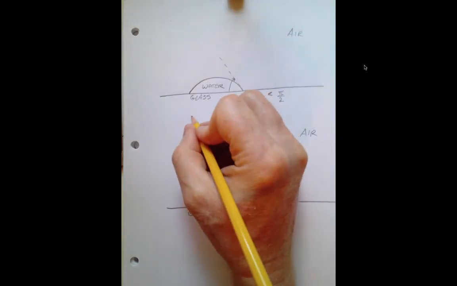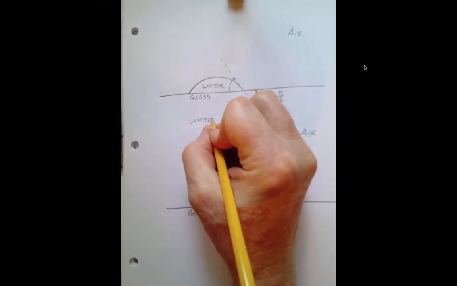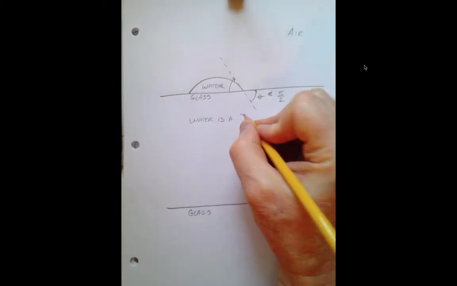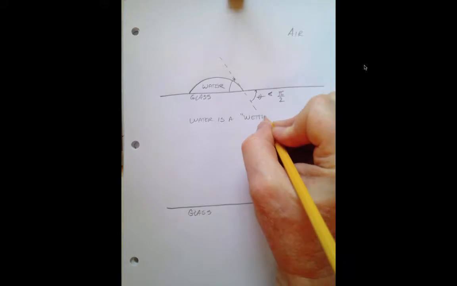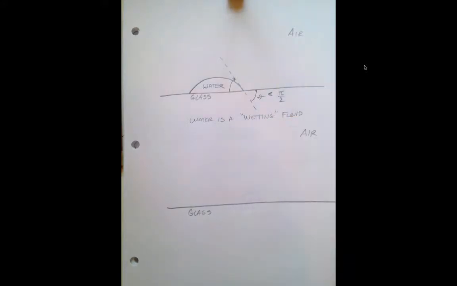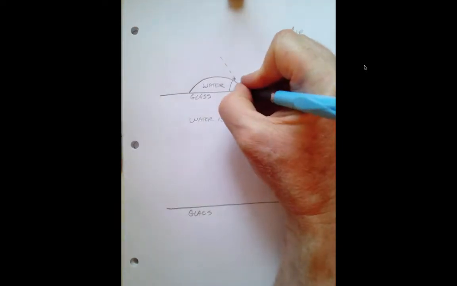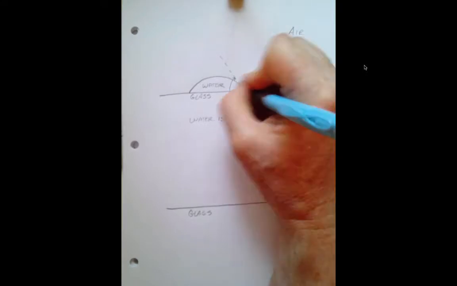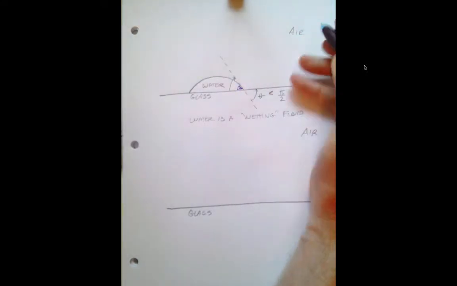This water is a wetting fluid. And actually it's quite easy to tell where wetting fluids are because they chisel into the non-wetting fluid. In this case, air is non-wetting.